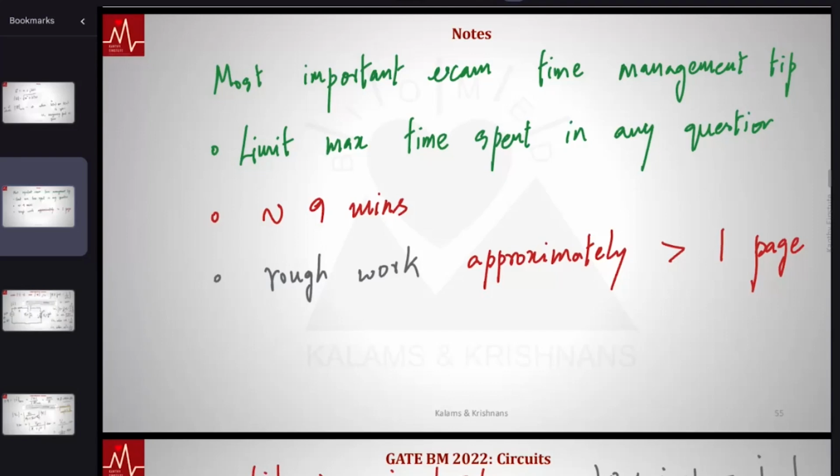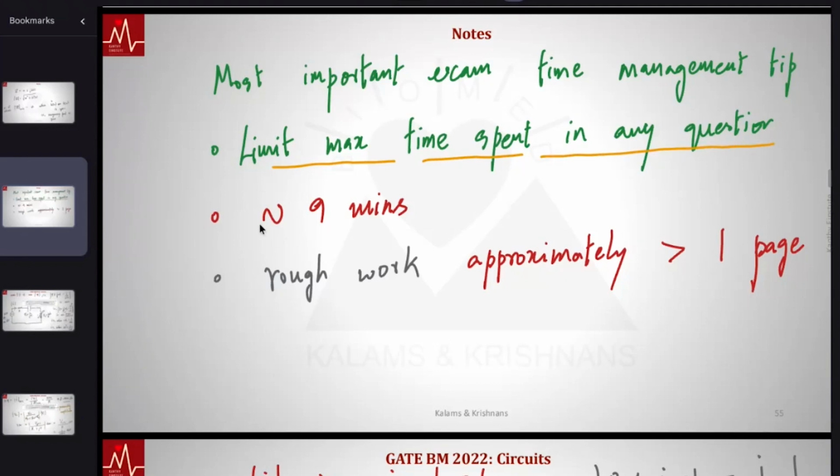Okay, you can keep your interest, curiosity, determination, all of that aside for that one question that takes more than 1 page. Okay, this specifically applies at the beginning of the examination. You have some excuse at the last 15 minutes, half an hour, when you think you are done with most of the questions, but limit the maximum amount of time spent in any one question. No question is worth more than 10 minutes.